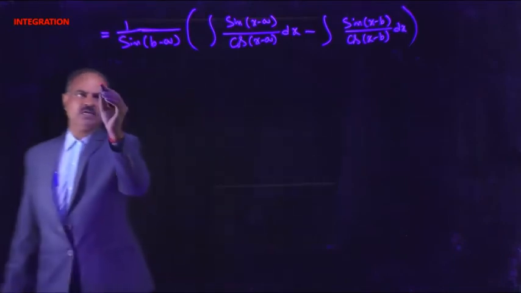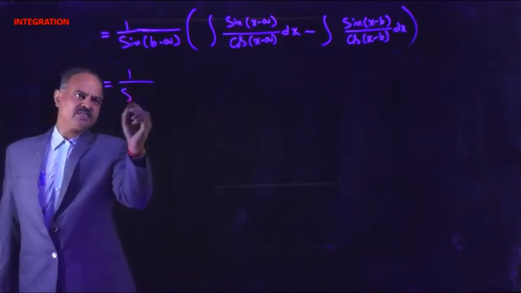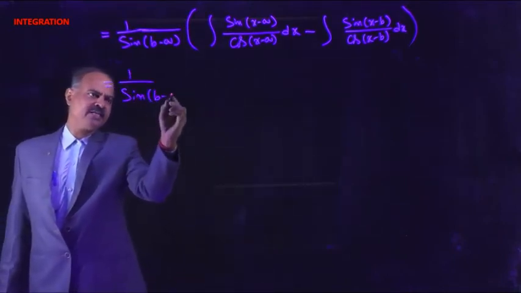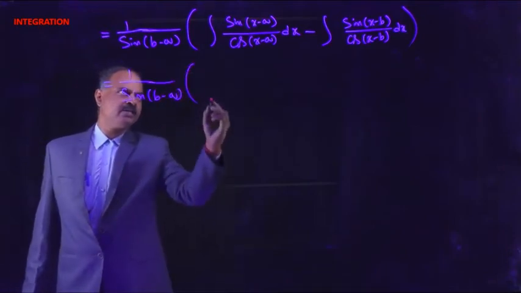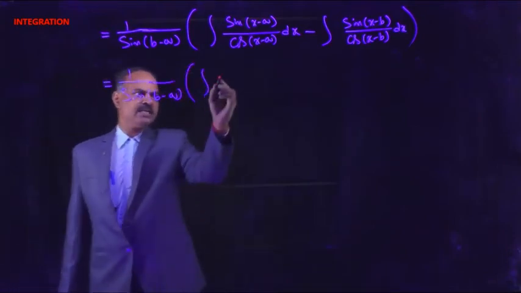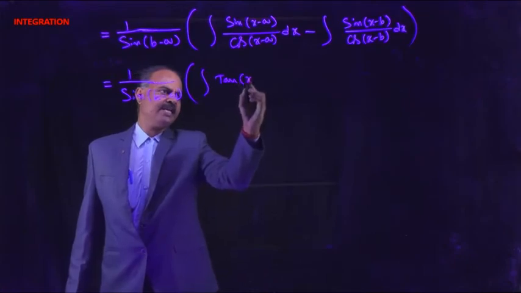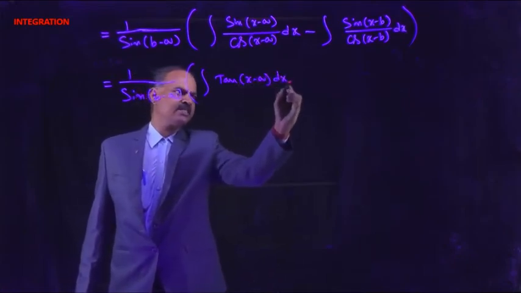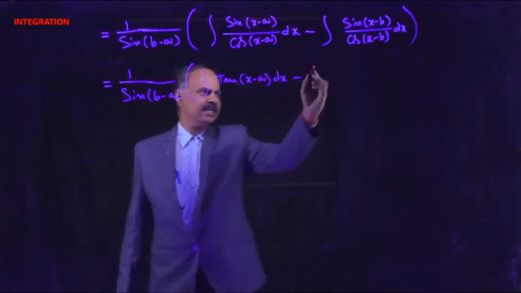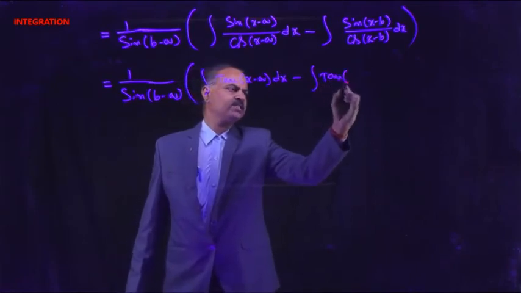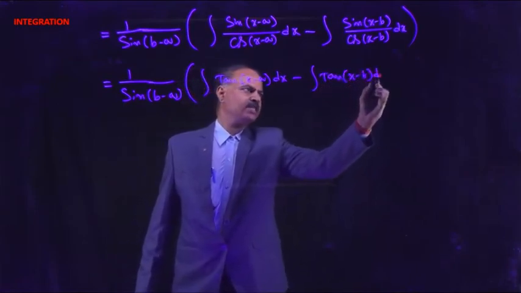Now this is equal to 1 by sin(b minus a) into integral tan(x minus a) dx minus integral tan(x minus b) dx.